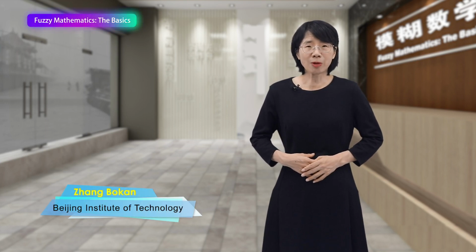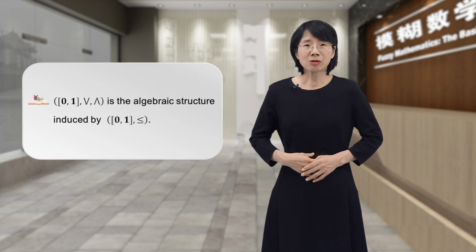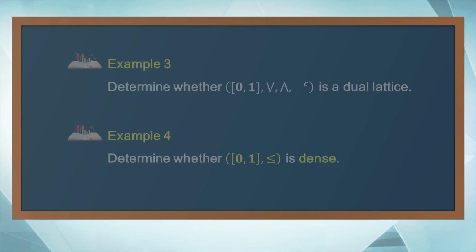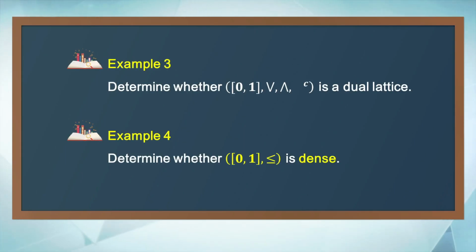Now we have known that each pair of elements has a supremum and an infimum, and the poset is a lattice. This is the algebraic structure induced by the lattice. Of course, it obeys the idempotent laws, the commutative laws, the associative laws, and the absorption laws. This lattice is bounded with the greatest element 1 and the least element 0. And we define a unary operation, complementation.